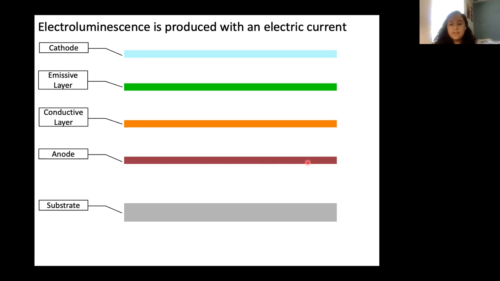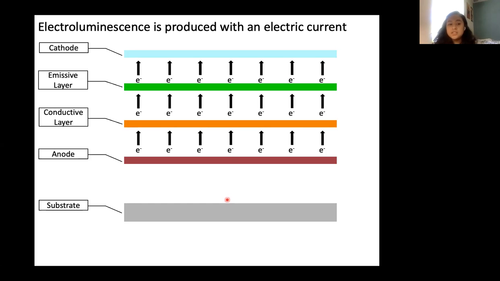And once we have an excitation, this voltage has been applied through the OLED. Once the OLED has gotten that voltage, electrons from the anode to the cathode will move. And while doing so, the cathode will have an excess negative charge, and then the anode will have an excess positive charge.